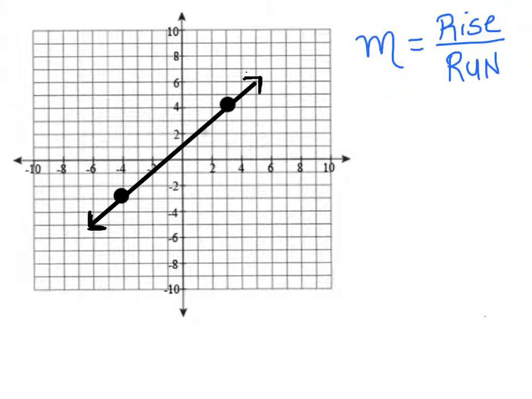So what we're going to do is start at one point. I'm going to start here at the bottom. We're going to count the number of units it takes me to get to the next point there at the top. And the best way I found to do this is to just draw a triangle that connects the 2 points.